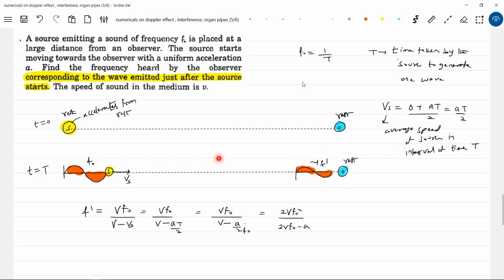The wave will take some time to propagate, but that is not the discussion here. The discussion is what the speed of the source is when it has generated a wave, because to generate one wave it needs some time. What is that time? The time period. Corresponding to the first wave, the Doppler effect is being asked.